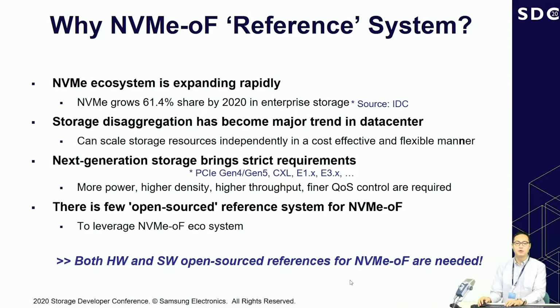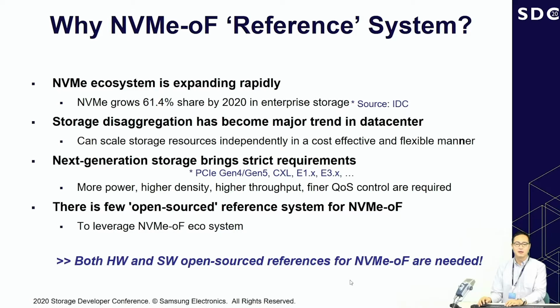So, why do we need an Embedded Fabric system, especially a reference system, at all? Here are 4 reasons we think. Firstly, the NVMe ecosystem is expanding rapidly. According to IDC, NVMe crossed 61.4% share by this year in enterprise storage.